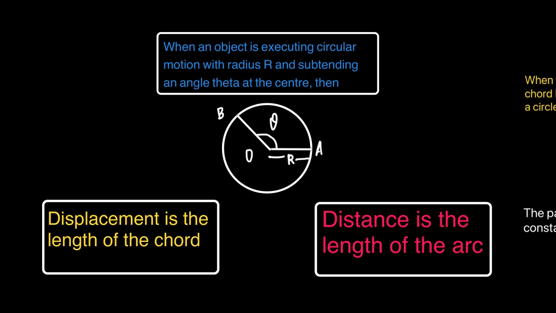Displacement is the length of the chord, which can be represented as the length of the chord AB like this, whereas the distance or the path length is given by the length of the arc, which can be represented like this. Okay, so object in circular motion: displacement, length of chord; distance, length of arc.